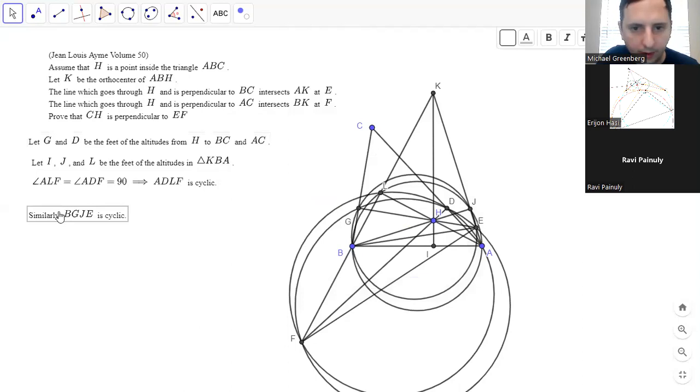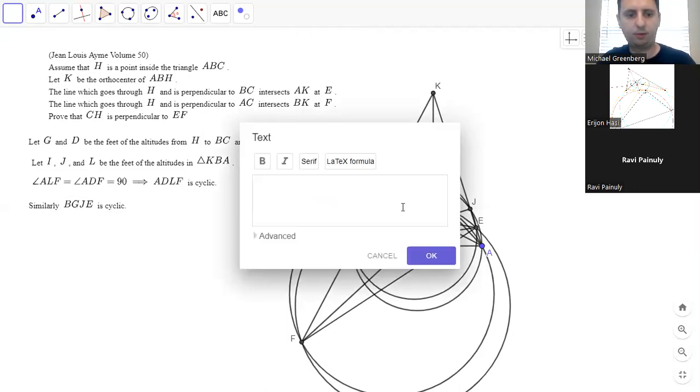And then we have angle BLA is BJA is 90. So this is trivial, but I'm just going to write it anyways. This is always true in any triangle. Cyclic.